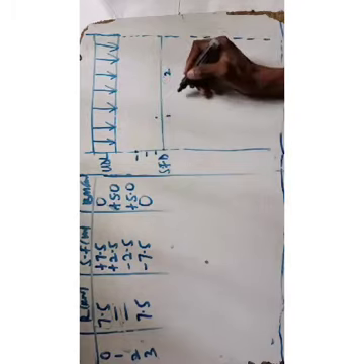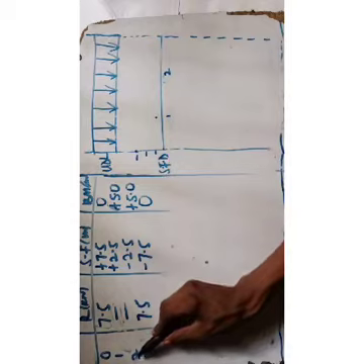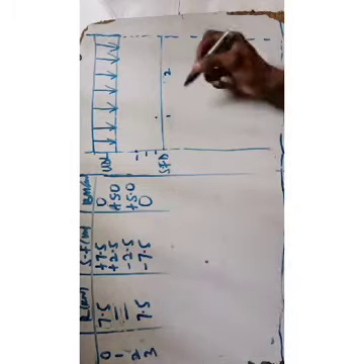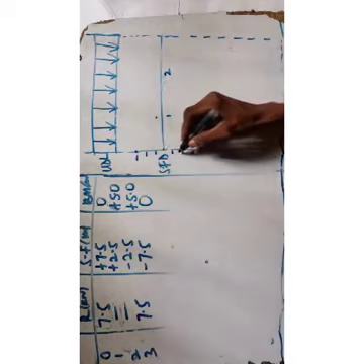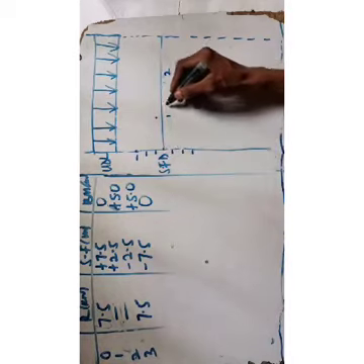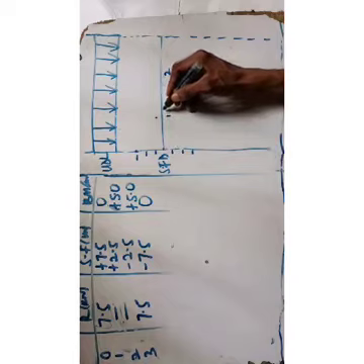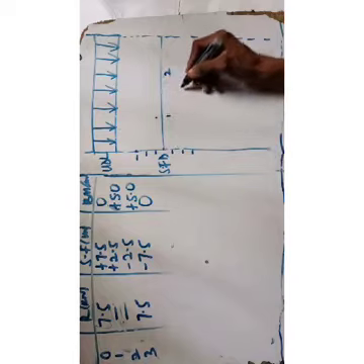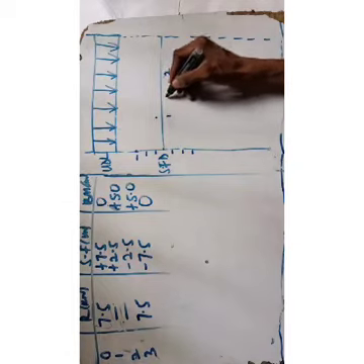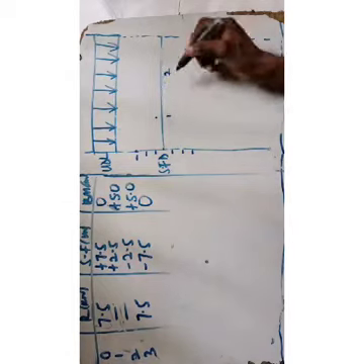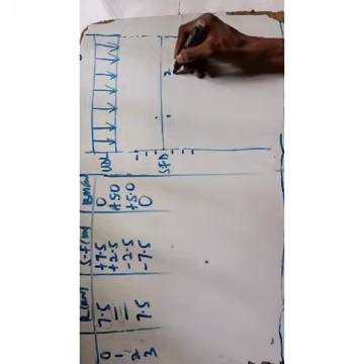Then at 2, it is what? Minus 2.5. So this is minus 2.5, 5, and 7.5. So minus 2.5 is here. It will always be at the center. It will pass through the center here, and we're going to have it at 2 as minus 2.5.